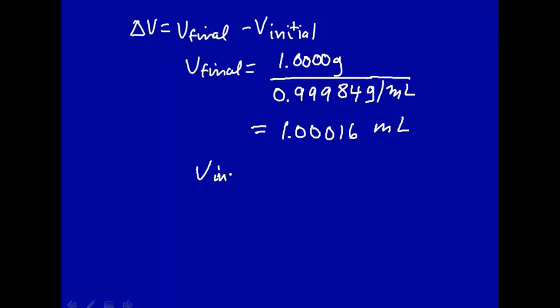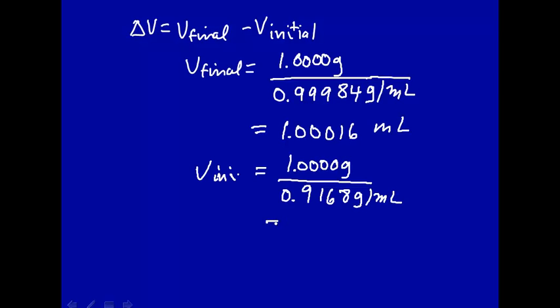The initial volume will be equal to, again, we haven't added or subtracted any water, so it's still 1 gram, but the density of the solid, the initial was a solid, is, as we said, a little less dense, 0.9168 gram per milliliter. So the initial volume is 1.09075 milliliters.